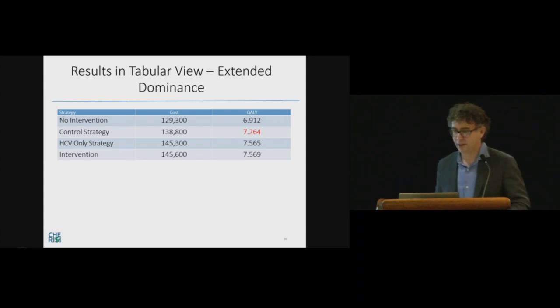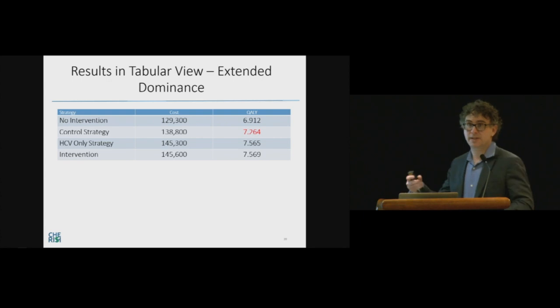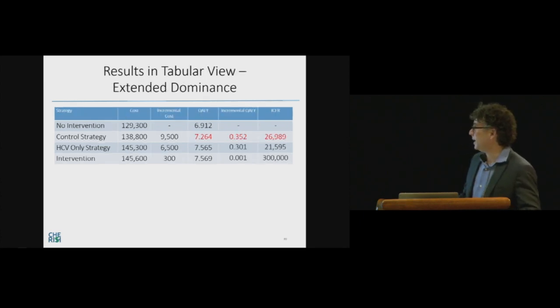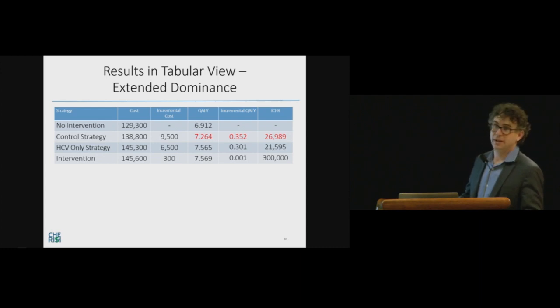But then we start to do our incrementals. Next slide. Right, and so here we have the incremental costs and the incremental QALYs. And then we start to do the incremental cost effectiveness ratios, which is just incremental cost divided by incremental QALY, and here they are.